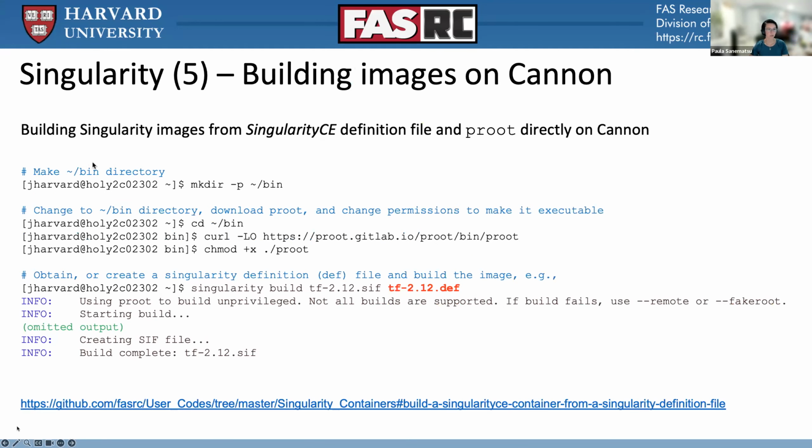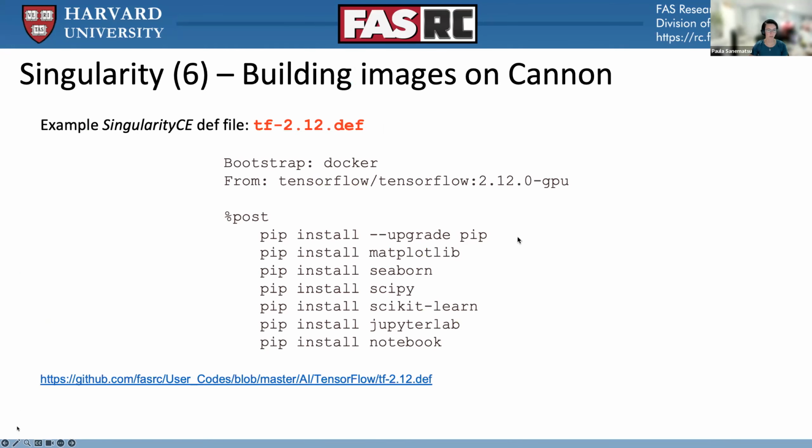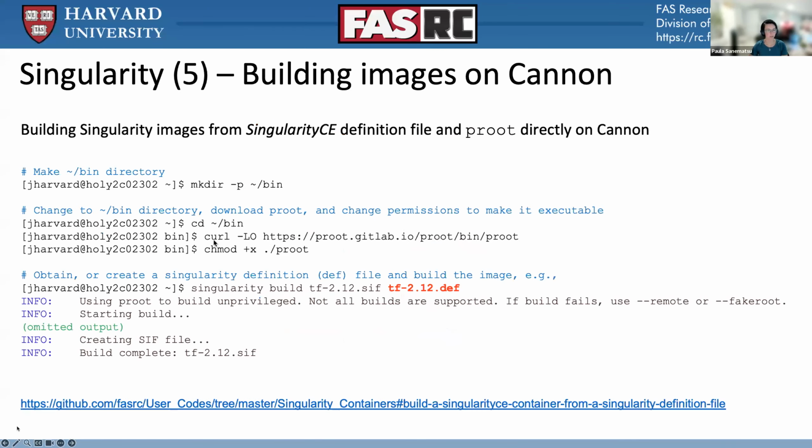To build your own Singularity images on Canon, first you need to set up proot in your home directory. If you don't have it, create the bin directory. Then you download proot from this address.